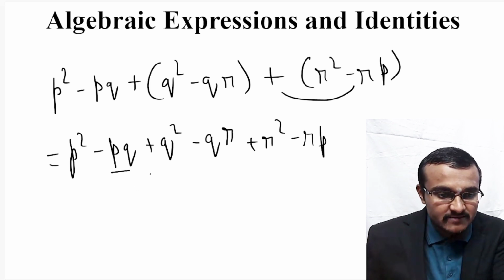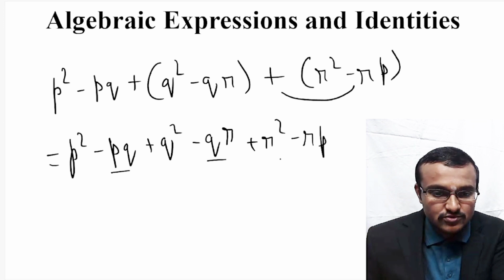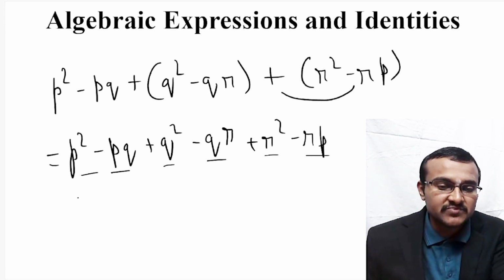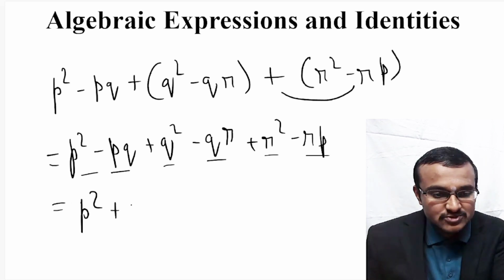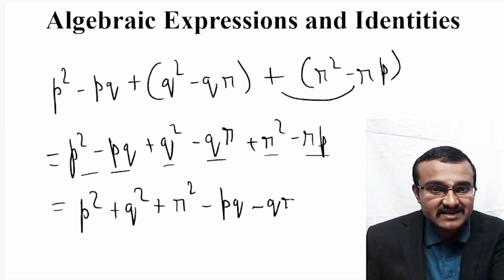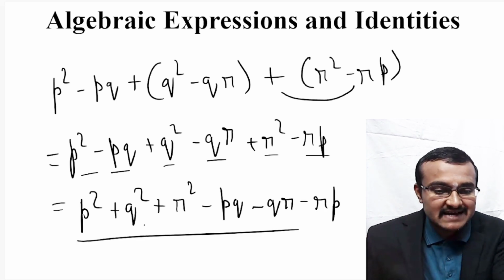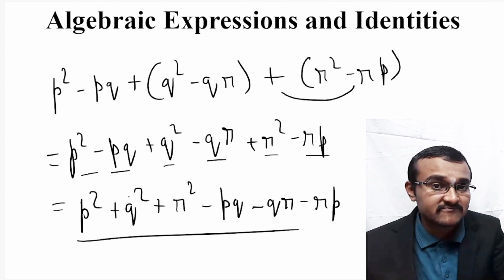Here pq is there, but there is no other pq, no other qr, no other rp, no other r square, q square, p square. So there are no other terms with the same variables. You just keep this as p square plus q square plus r square minus pq minus qr, I am just rearranging the things, minus rp. So this is the answer for the first question in this fifth question.